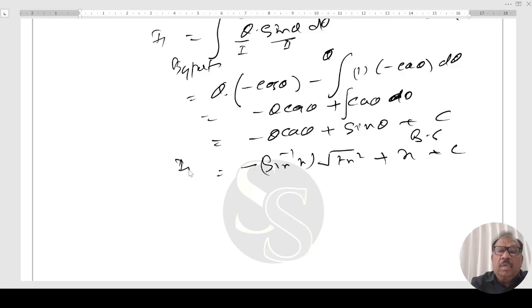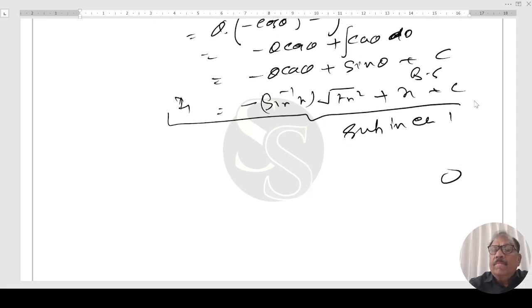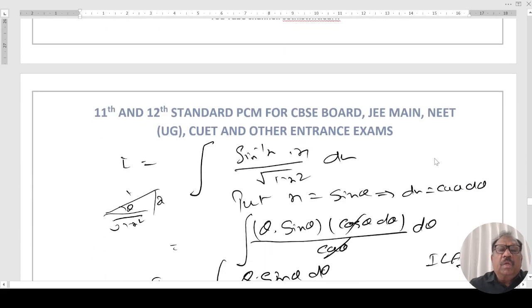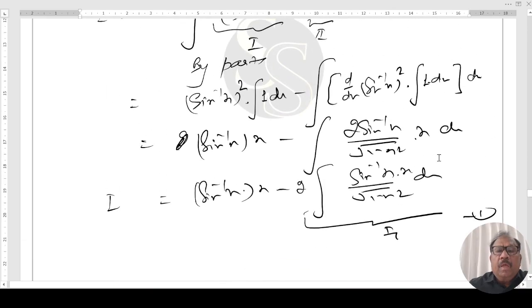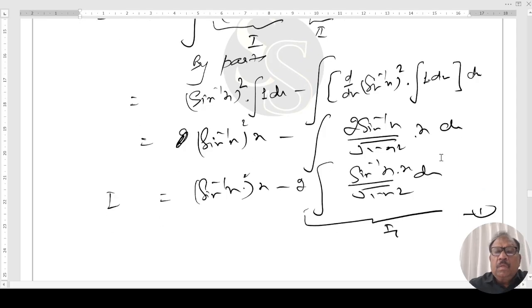This is I1. Substituting in equation 1, we get I will be equal to x into sin inverse x whole square.